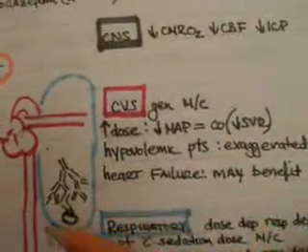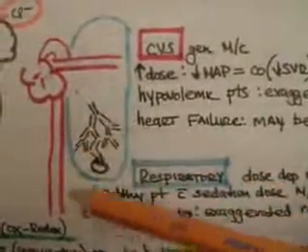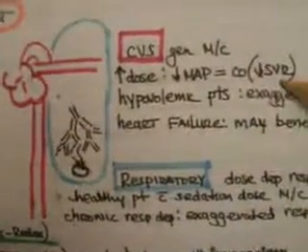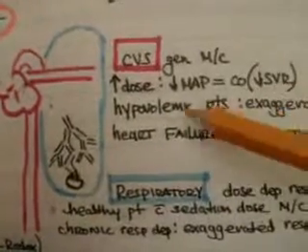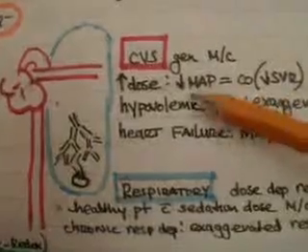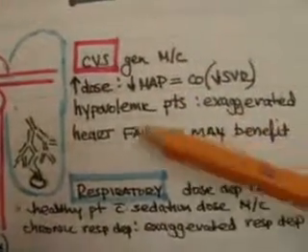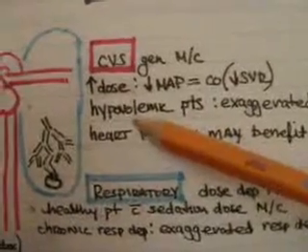If you get a decreased systemic vascular resistance, or a vasodilatation effect, this would decrease your mean arterial pressure. This decreased mean arterial pressure may be exaggerated in patients who are severely hypovolemic.